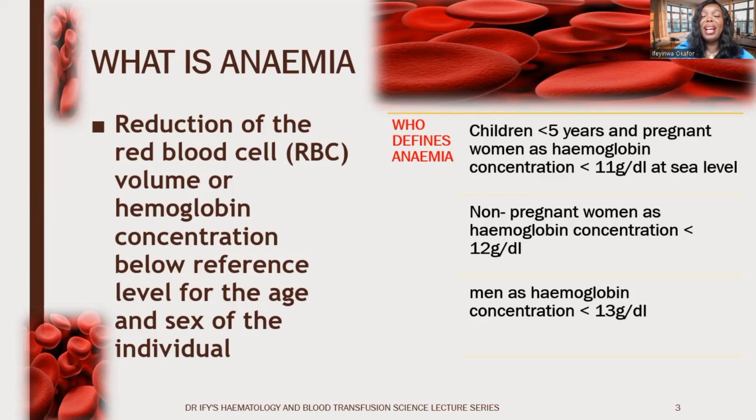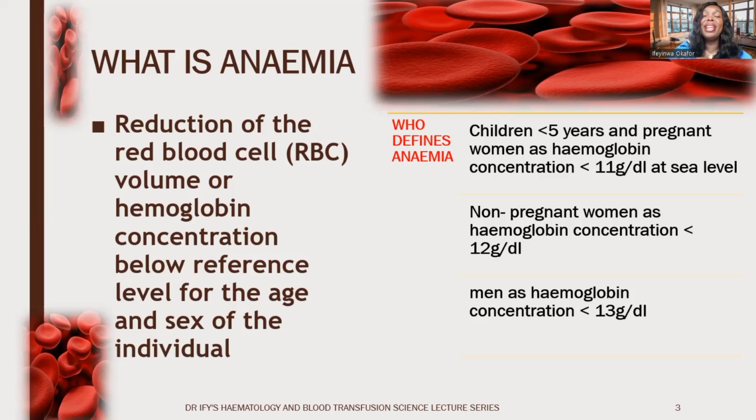WHO defines anemia in children below 5 years and pregnant women as hemoglobin concentration less than 11 grams per DL at sea level.